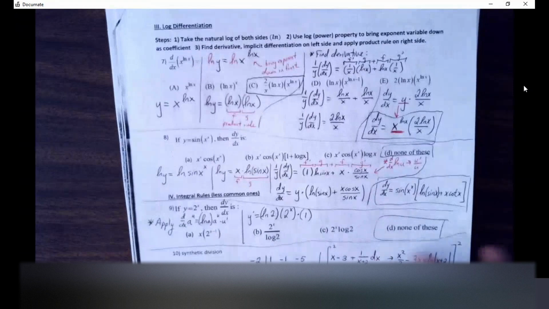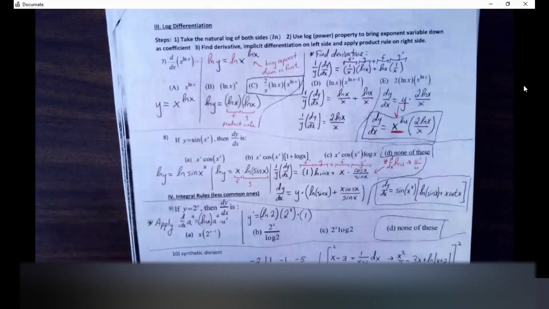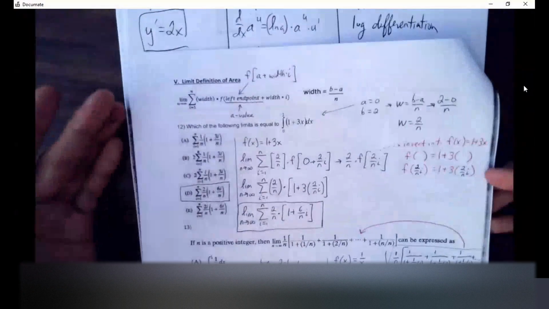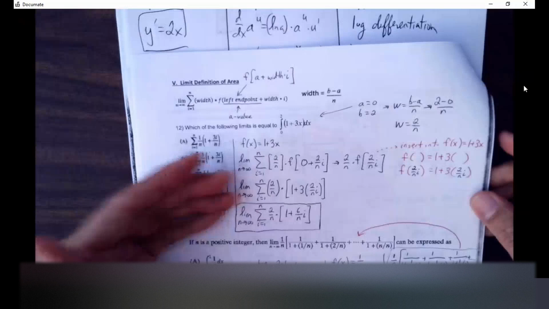That's why I focused my attention on the main topics. But if you want to spend time on these smaller topics, these could show up. Limit definition, I know it's a minor topic as well.